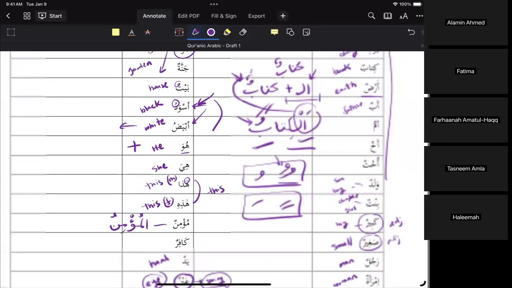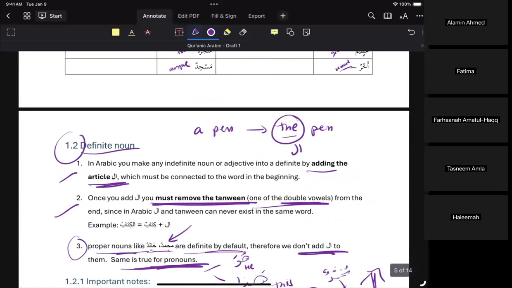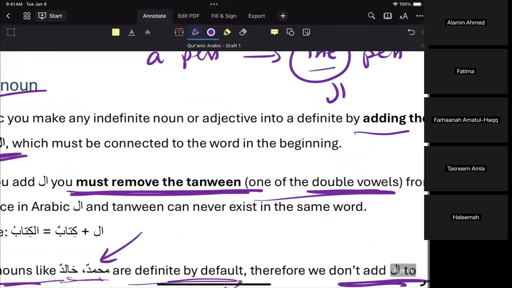Another thing maybe I should mention here. In Arabic, you can make any indefinite nouns or adjectives definite. In English, that concept is not there. We don't make an adjective definite by adding the. We don't say the white or the fast.